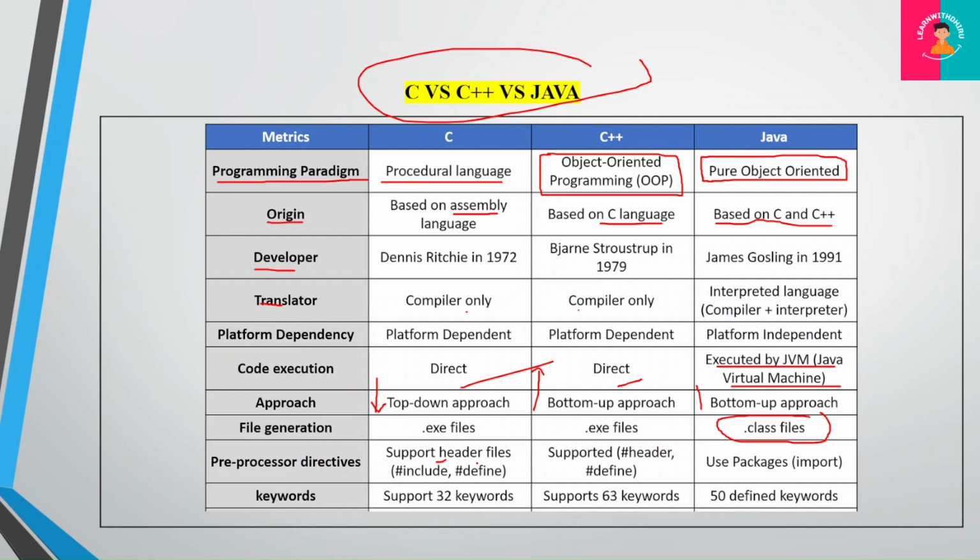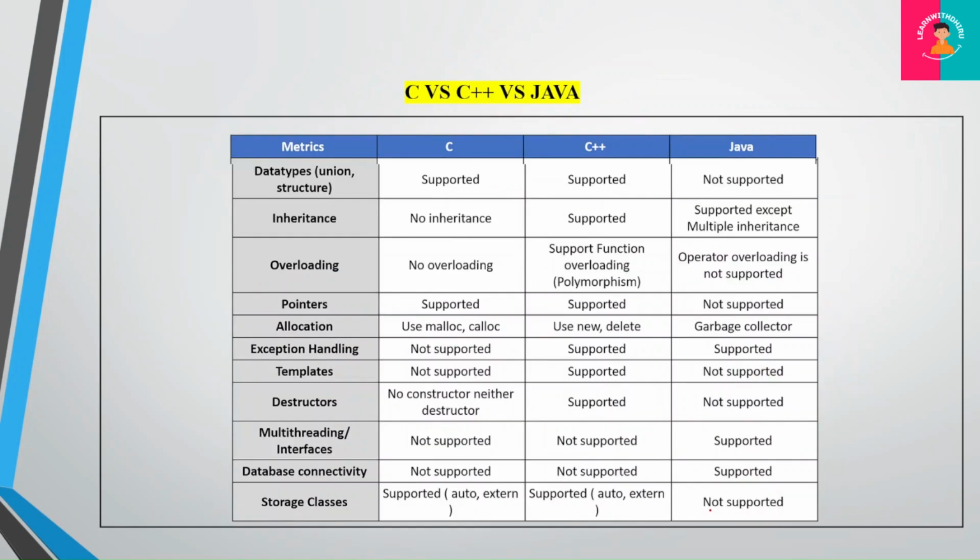Preprocessor directives like #include are used in C++, but in Java we use packages. Reserved keywords: C++ has 63 and Java has 59 keywords.